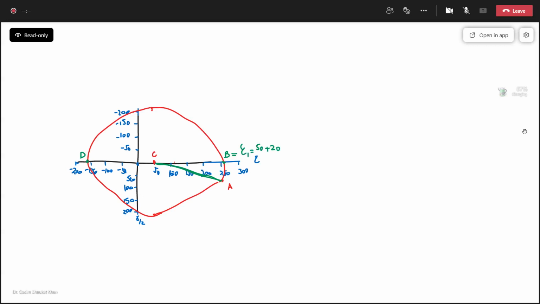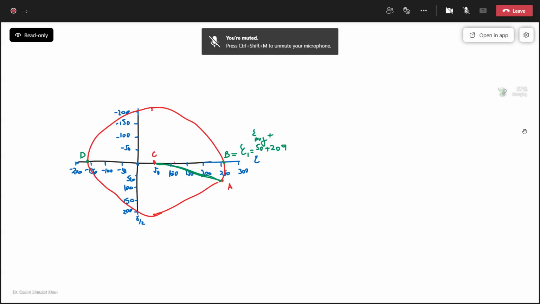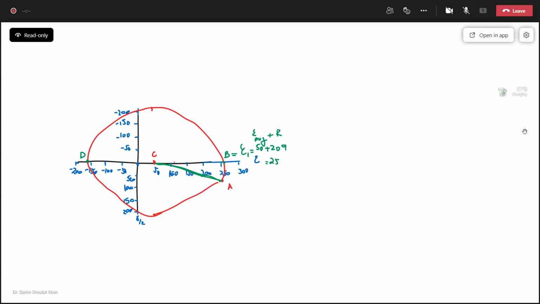So basically, if you recall yesterday when we were studying the formula for the calculation of the principal strains, it was average strain plus the resultant. So this is 259 microstrains.